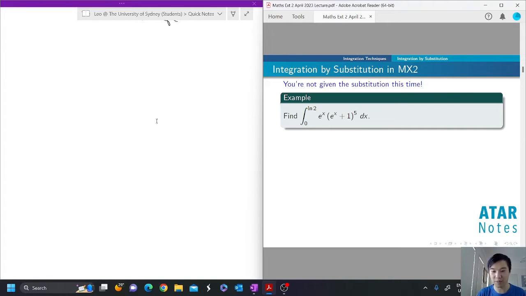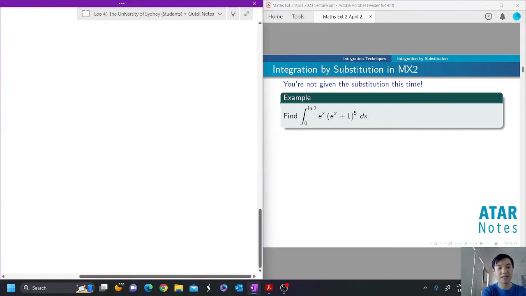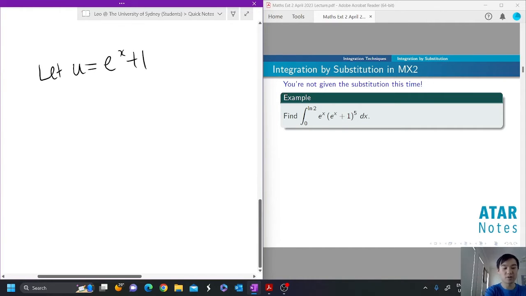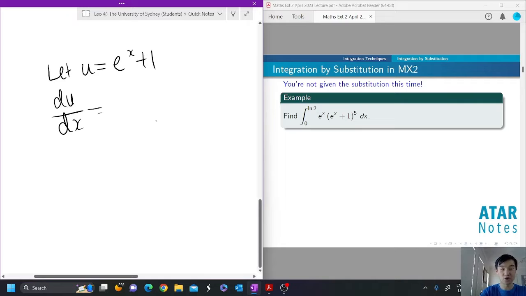So what would happen if I let u be equal to e to the power of x plus 1? Well, when I differentiate u with respect to x, I get e to the power of x.